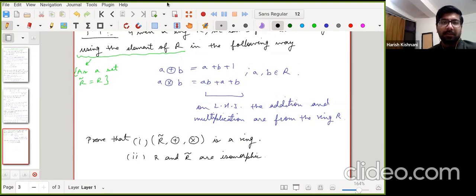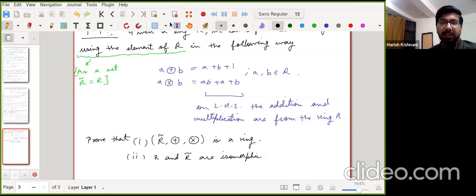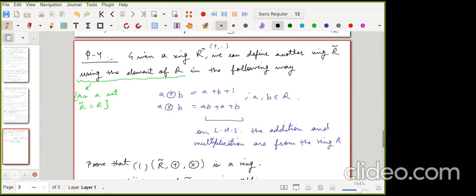So that we'll have to mention. As I said, R tilde and R are the same as sets, another ring R delta using the elements of R.